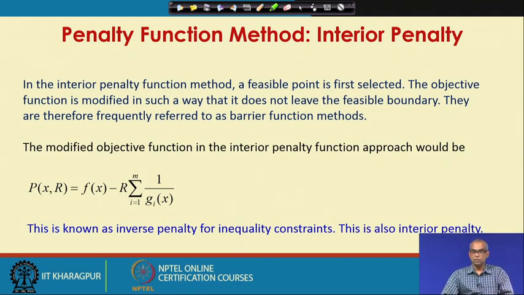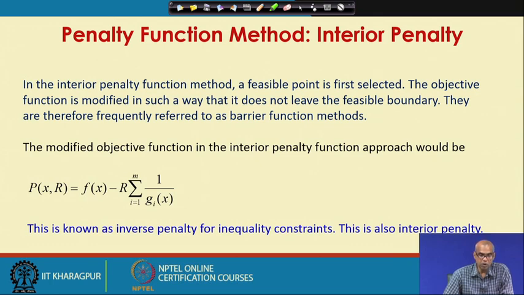Now, let us look at the interior penalty. In the interior penalty function method, a feasible point is first selected.